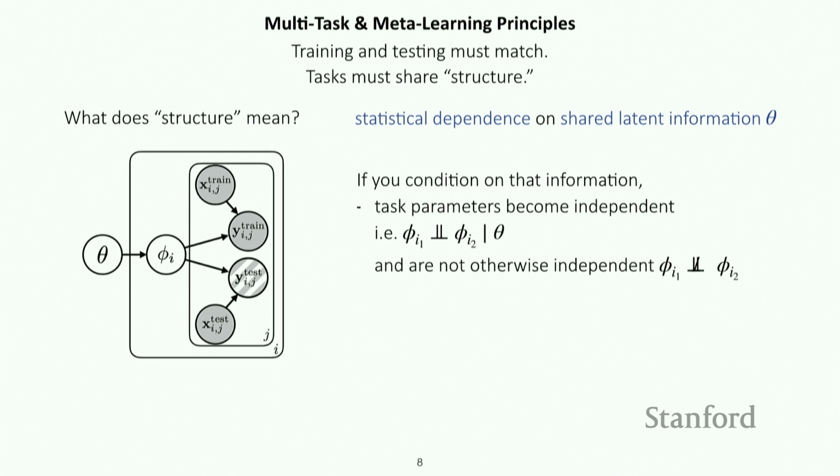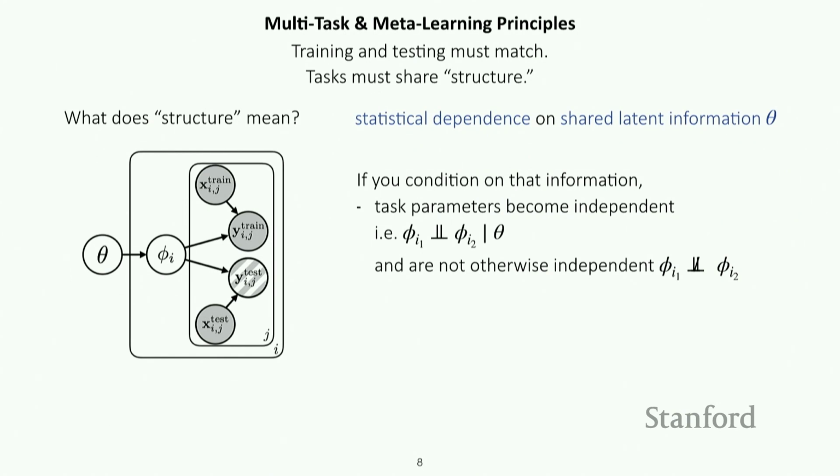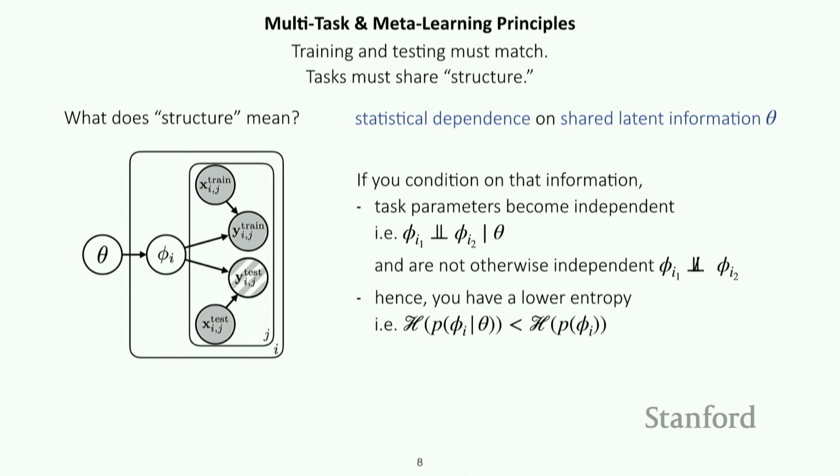And if you don't condition on theta, on the latent information, then they're not otherwise independent. If you look at these two properties, that they're not independent without any conditioning information and that they're independent once you condition, then you can say that the distribution over phi given theta is going to have lower entropy than the marginal distribution of phi. Essentially, theta tells you information about your task-specific parameters phi.